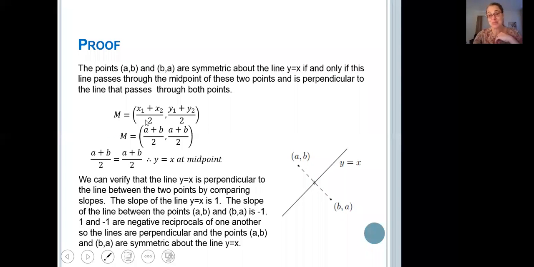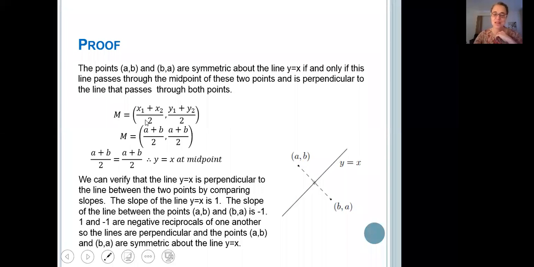In other words, is that slope negative 1? So if I plug these two coordinates into the slope formula, and you should remember the slope formula, you don't go back and look it up for yourself, we realize that the slope is equal to (a minus b) over (b minus a). Do a little bit of algebra, and sure enough, we realize that the slope of the line between these two points is negative 1. And so the lines are perpendicular.